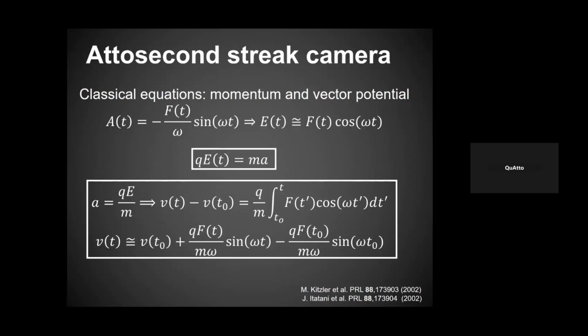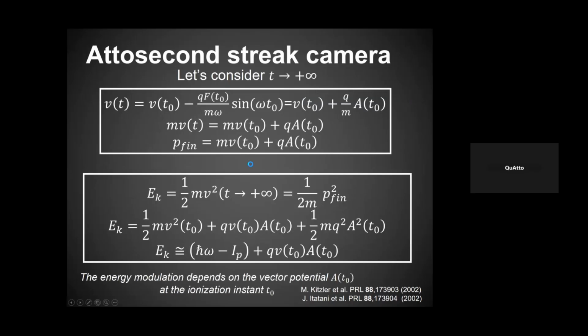We emit an electron in the continuum, and this electron will start feeling the effects of the infrared field and will move according to this equation, which is nothing else than Newton's equation. So we have the mass of the electron, the acceleration, and here we have the charge and the external field, the infrared field. You can easily calculate the acceleration, the velocity, and also the final momentum of the electron.